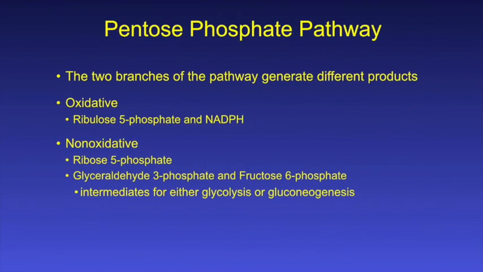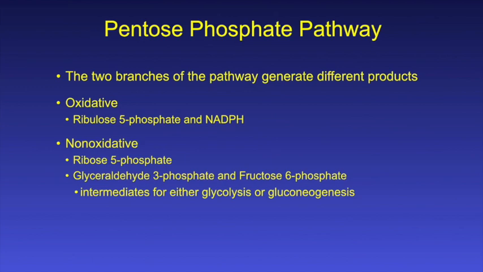There are two main steps identified. One is the oxidative portion. These are the reactions that produce the hydride-containing molecules, the NADPH, and it will end up with a sugar called ribulose 5-phosphate. Then there are the non-oxidative reactions.